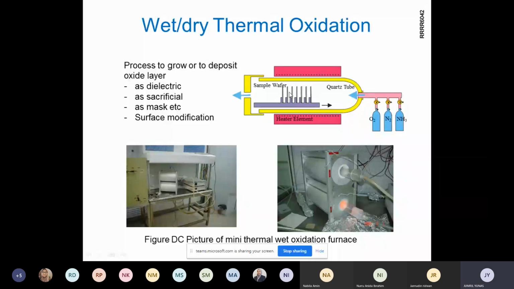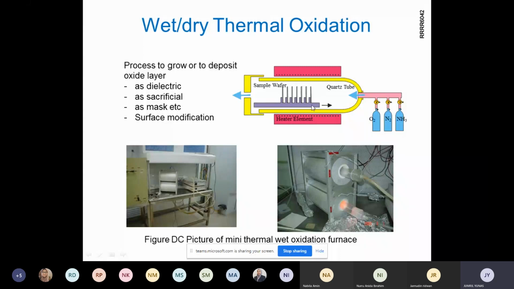The system consists of a furnace made of quartz, and a heater element to heat the chamber. We also have a gas system to deliver reaction gas into the chamber, consisting of oxygen, nitrogen, or ammonia.